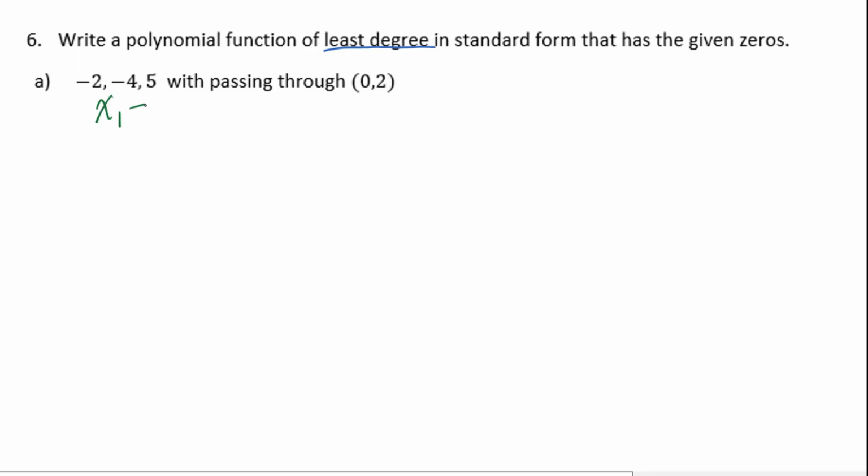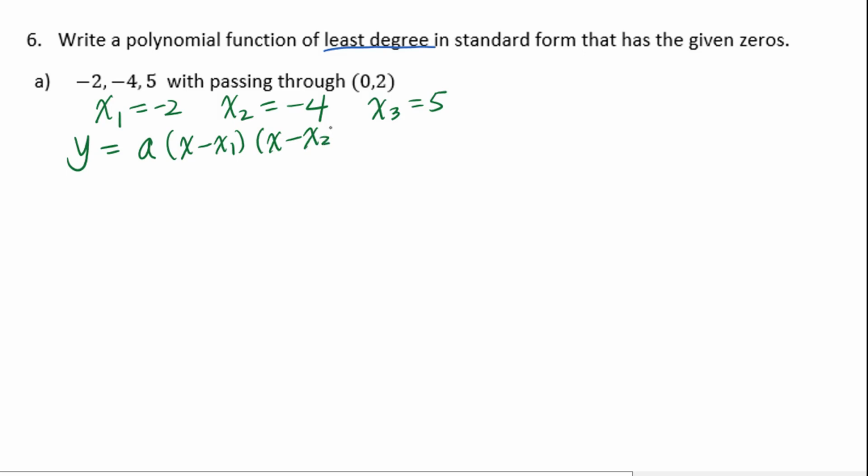Let's label x1 equals -2, x2 equals -4, x3 equals 5. We assume the polynomial function equals a times (x minus x1)(x minus x2)(x minus x3).